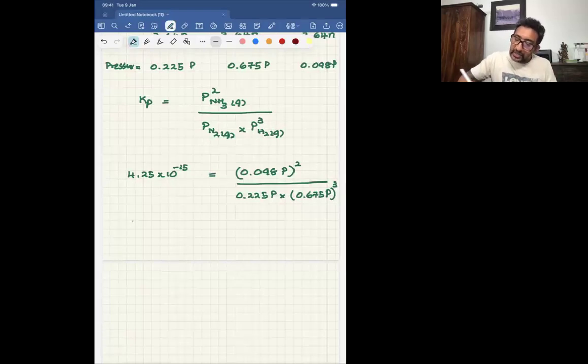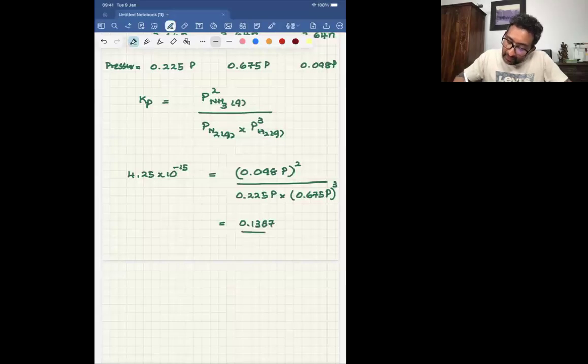Right. So what is this? I will simplify the right hand side. 0.098 squared, divided by 0.225, divided by 0.675 to the power 3. It gives you 0.1387.